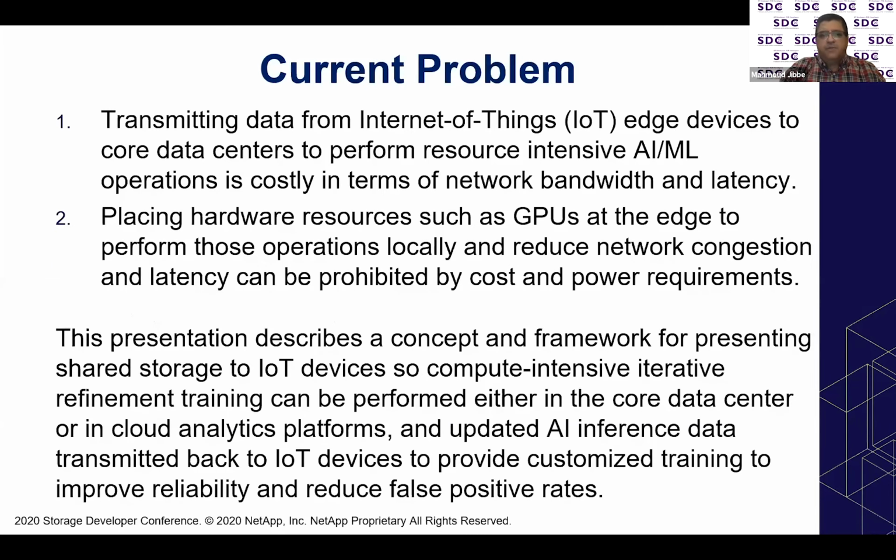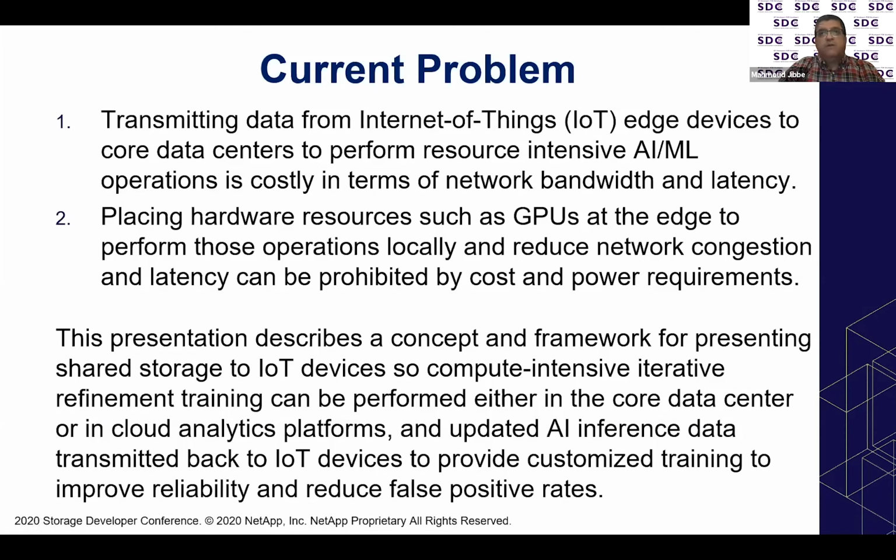The current problem today is transmitting from Internet of Things to edge devices to a core data center so that you can do intensive AI use cases. Today this is costly, and the cost is in terms of network bandwidth and latency.